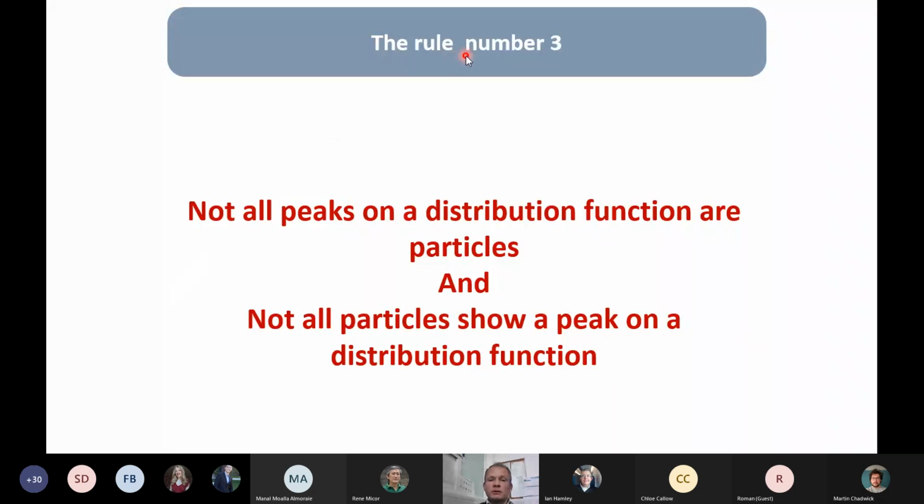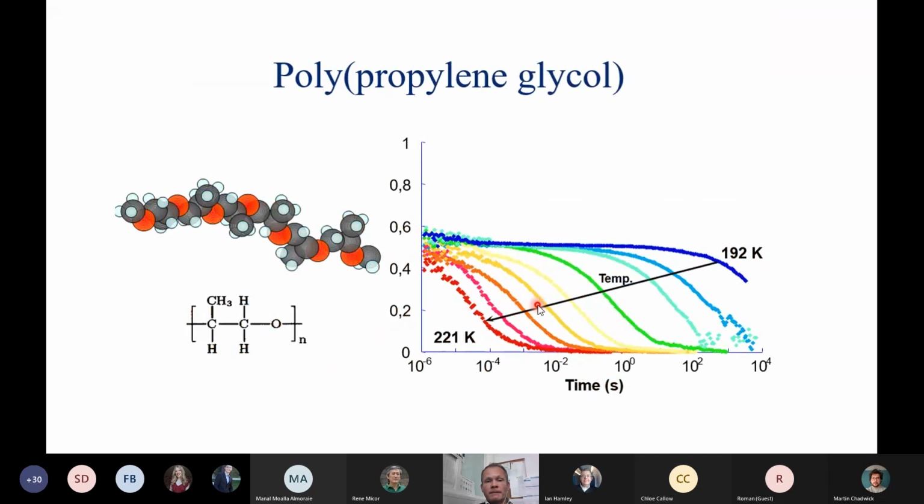So rule number three: not all peaks on distribution functions are particles, and not all particles show a peak on the distribution function. For example, if you take a polymer and measure it in bulk without any solvent and put it in a dynamic light scattering instrument, you will also see some kind of correlation, right?